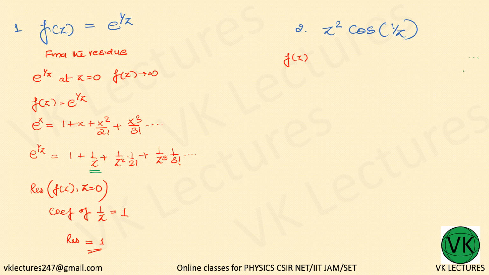That is equal to z square into cos of 1 by z. What is cos x? Cos x equal to 1 minus x square by 2 factorial plus x to the power 4 by 4 factorial minus x to the power 6 by 6 factorial, etc.